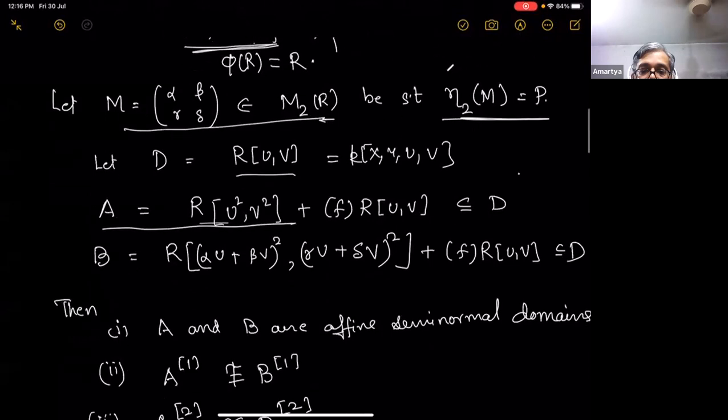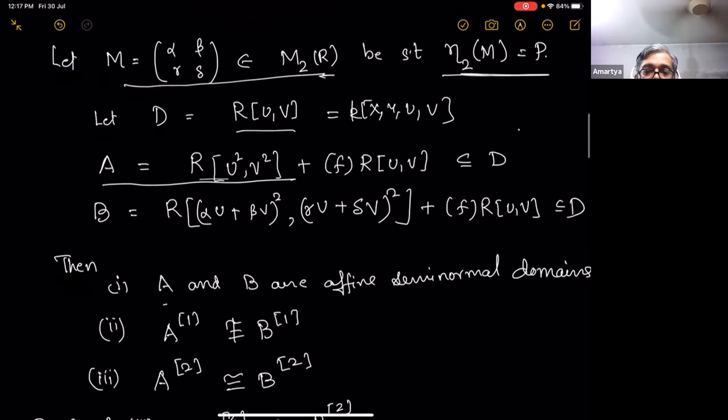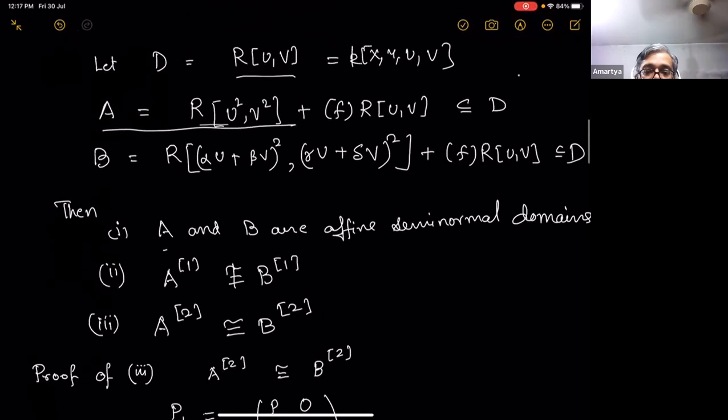And these two rings A and B are affine semi-normal domains, and we can show that. A is not stably isomorphic to B, but if I adjoin two variables, then A[2] is stably isomorphic to B[2]. So this is the example, and I just give a very quick proof of number 3.